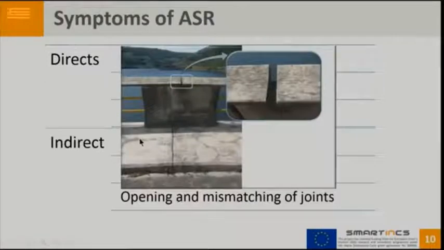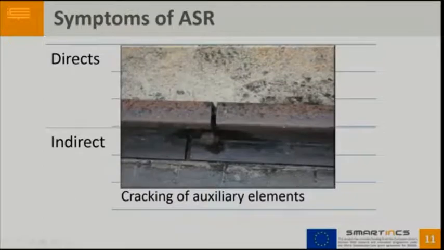But we can see other indirect symptoms like opening and mismatching of joints. Here is a dam in Galicia, in the north of Spain, and we can see the opening of joints. This is a rail in a crest of a dam that cracked due to the tension in the steel produced by the expansion of the concrete.